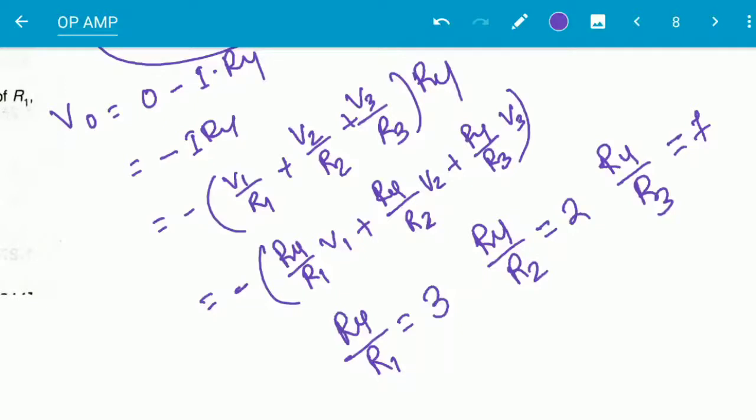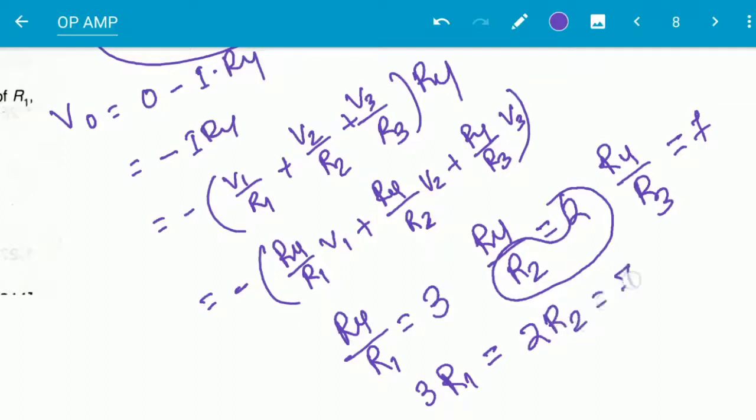So 3R1 will be equal to R4. Similarly, 2R2 will be equal to R4, and 7R3 will be equal to R4.